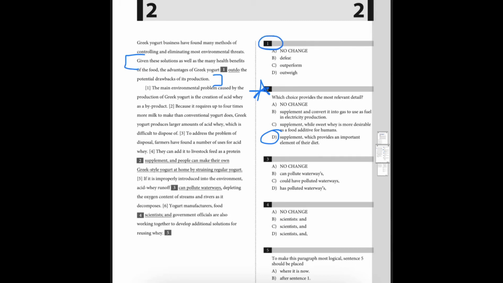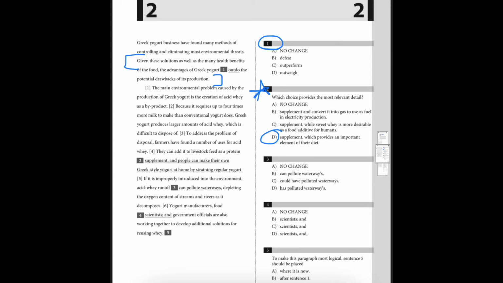Here, when you have to choose a synonym of that word that fits the sentence a little bit better, you have to read the sentence to understand the context of the word. The College Board might give you a certain phrase that would sound kind of funny if you chose a different word. So just be aware of the context of the words or phrases that you're trying to place something in.